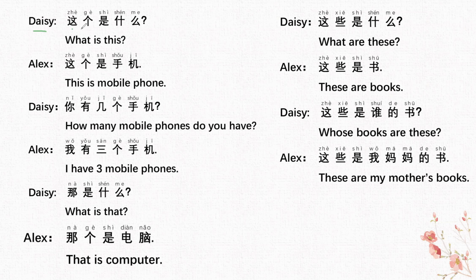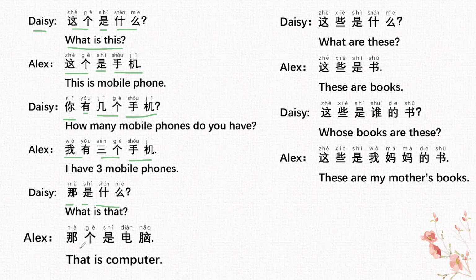Daisy, 这个是什么? What is this? 这个是手机. This is mobile phone. 你有几个手机? How many mobile phones do you have? 我有3个手机. I have 3 mobile phones. 那是什么?